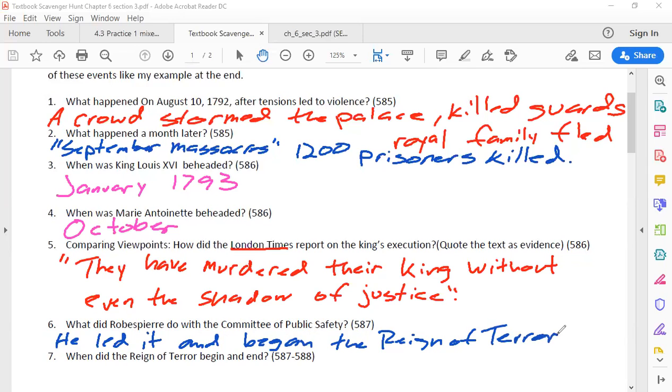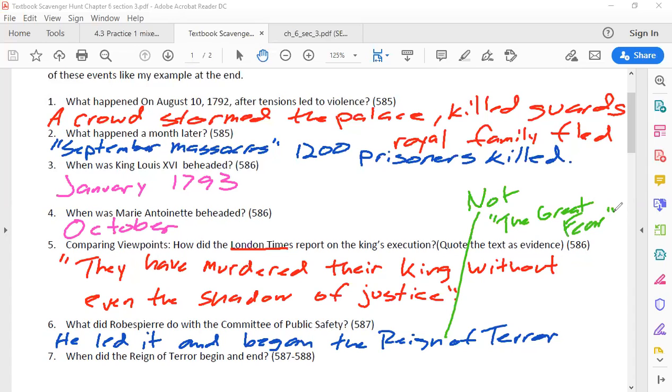The Reign of Terror was a period in French history that we're going to learn about here, but I'll do it really quickly. I want to point out that the Reign of Terror is not the same thing as the Great Fear. The Great Fear was a different thing in French history. The Great Fear happened earlier when people were sort of panicked and they were still arguing about stuff in stuffy rooms.